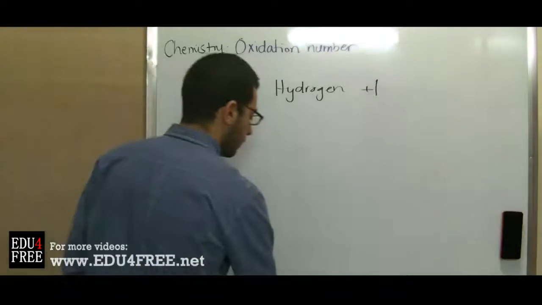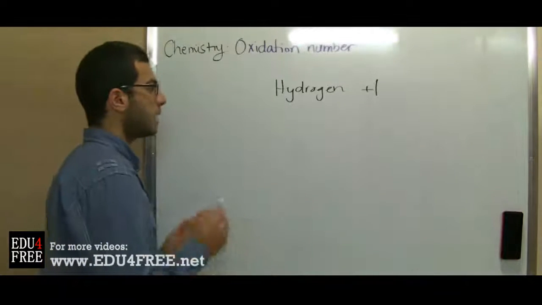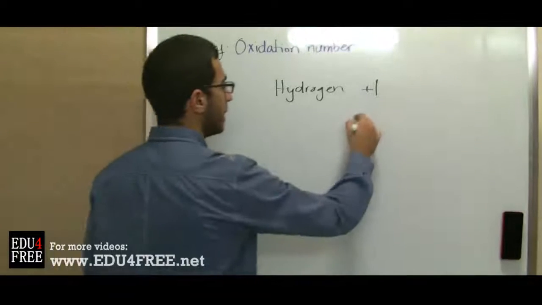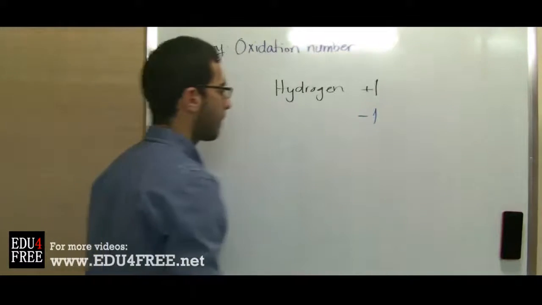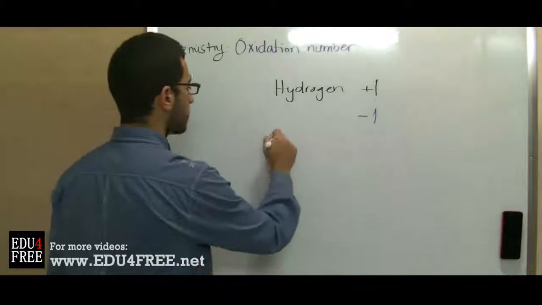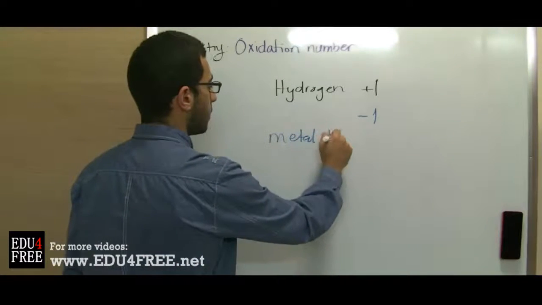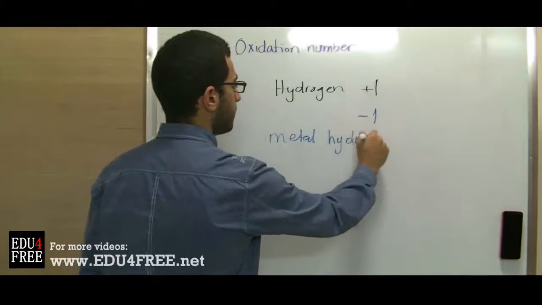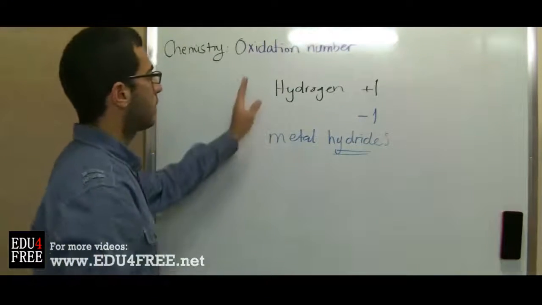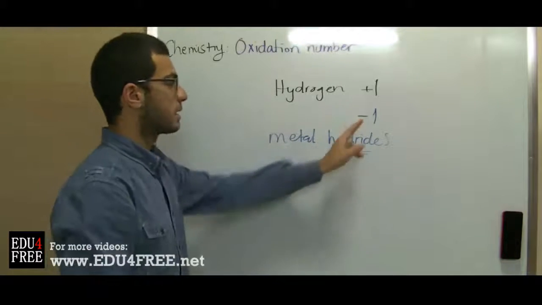So the oxidation number of hydrogen in the reaction with metals is -1. So hydrogen reacts with metals to form metal hydrides, and hydrides refer to the hydrogen where the oxidation number of hydrogen is -1.